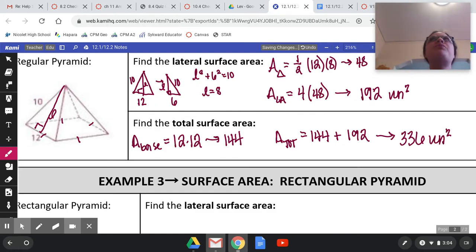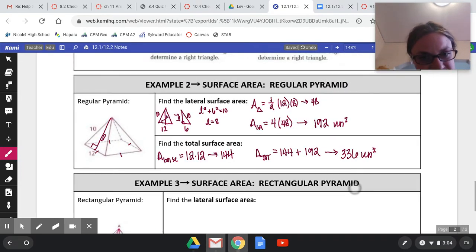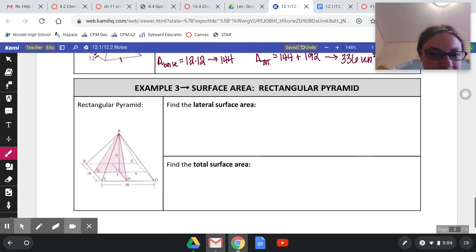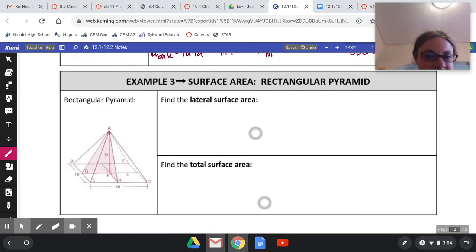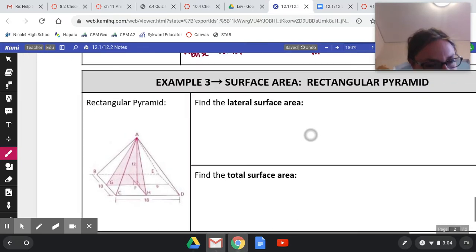Okay, so that's pretty easy. I've got a square base, very nice. What if I don't have the square base? That might get a little bit more tricky, as you can see in this drawing right here.